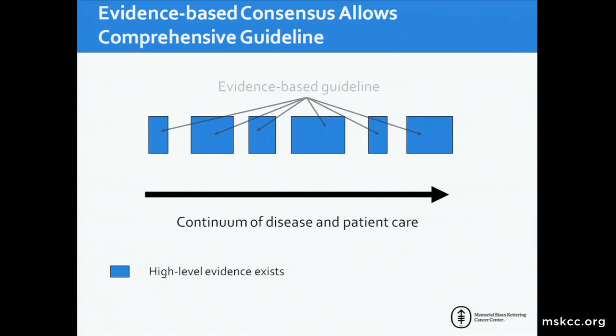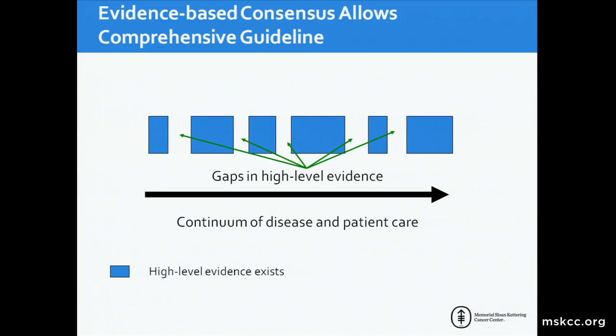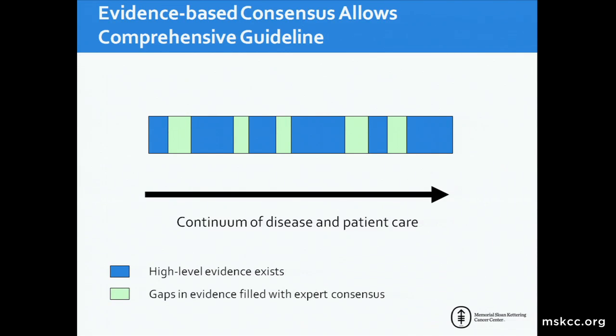So there are always going to be gaps in the high-level evidence, in meta-analyses and phase 1 trials. And as a result, these gaps have to be filled. And the NCCN process is to fill these gaps with expert consensus. This varies a little bit from the IOM standard.